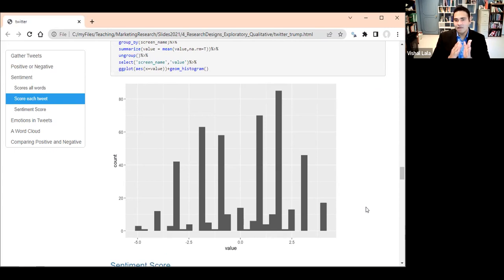If overall the tweet has a lot of positive words, it's overall positive. So this tweet here on the right probably has a lot of positive words, and that's why those tweets have high value. It's a histogram showing you tweets by negativity or positivity.